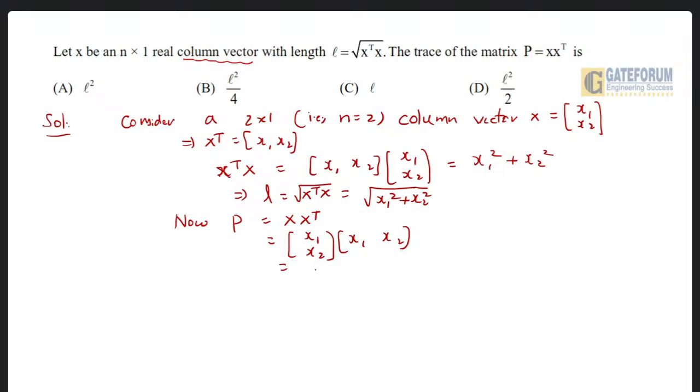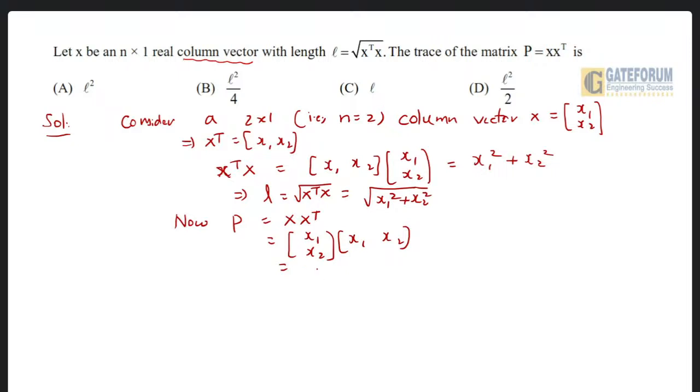If I consider an n cross 1 column matrix, you will get an n cross n square matrix P. That is time consuming and confusing also, with a total of n square elements, and writing an n cross n matrix also takes more time.